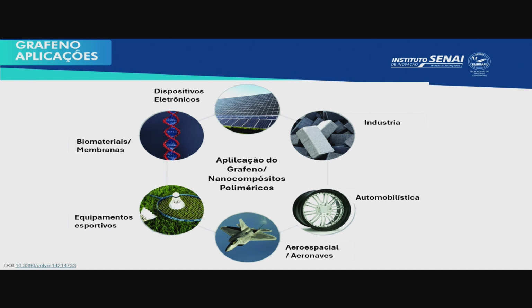Graphene has huge mechanical strength, it is light, it is transparent, so it sparks interest in several industries: electronic devices, biomaterials, membranes, sports materials, the aerospace industry, the auto industry. Different industries are looking for graphene. And at the Advanced Materials Institute at Senai, we can meet all these demands.